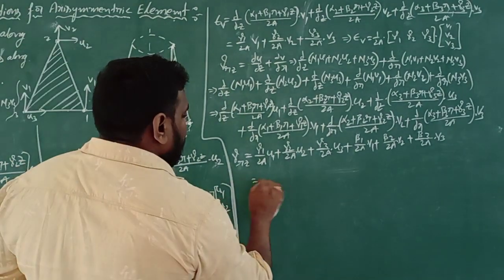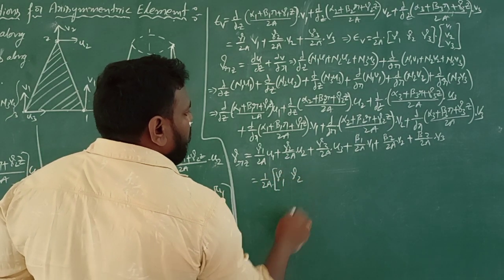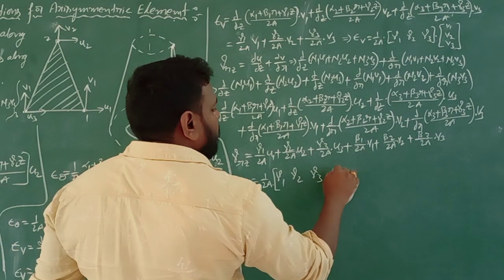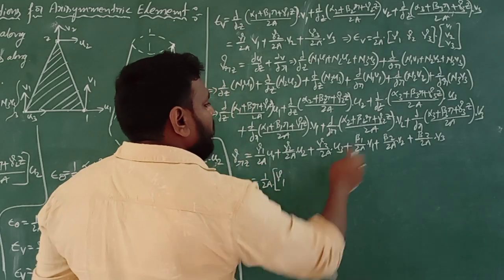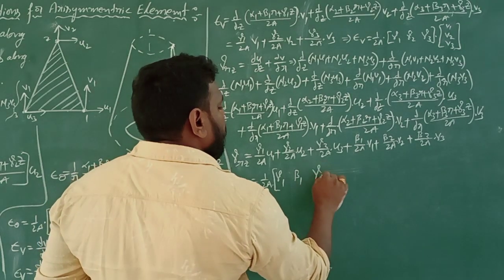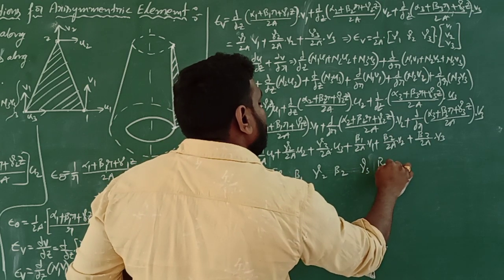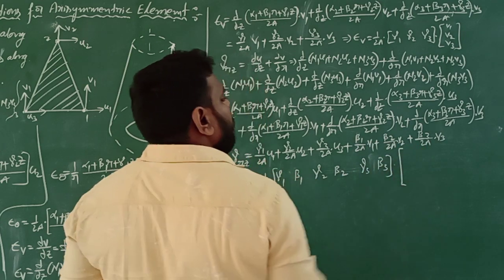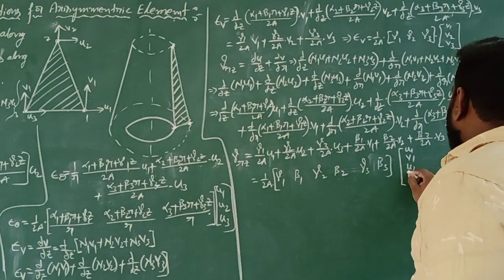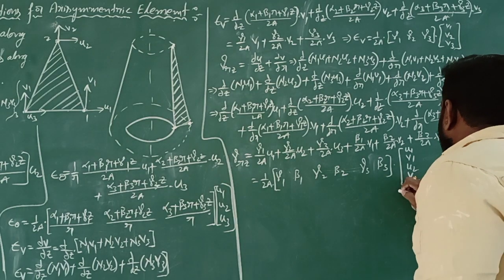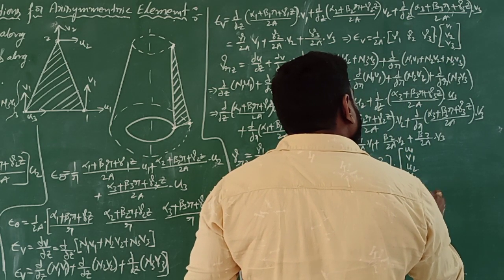So let me write it in matrix form: 1 by 2a into gamma 1, beta 1, gamma 2, beta 2, gamma 3, beta 3, into u1, v1, u2, v2, u3 and v3.